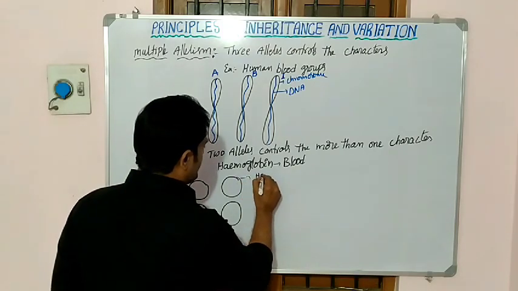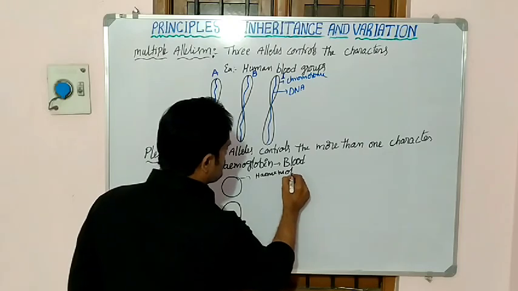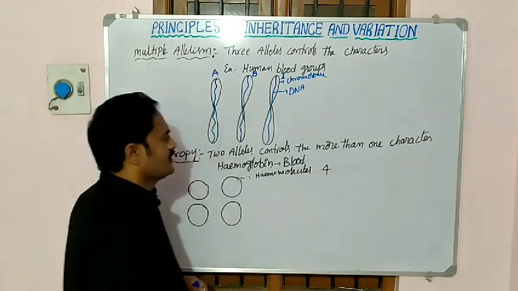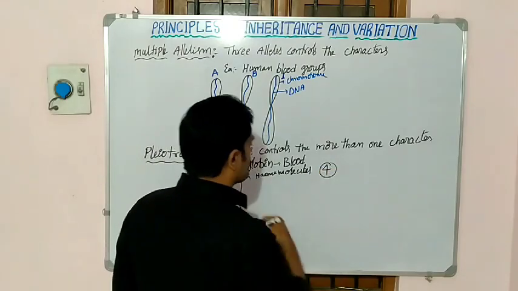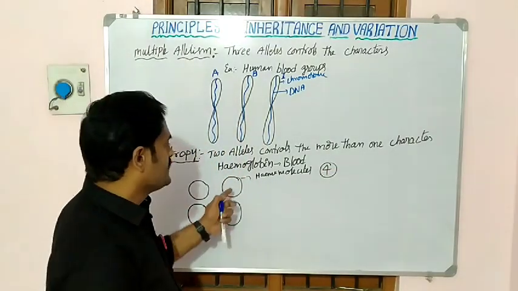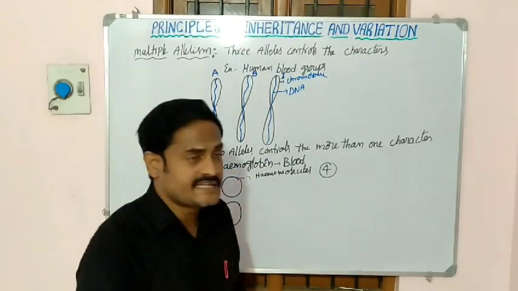So there are 4 heme molecules, and also 4 globin protein chains.